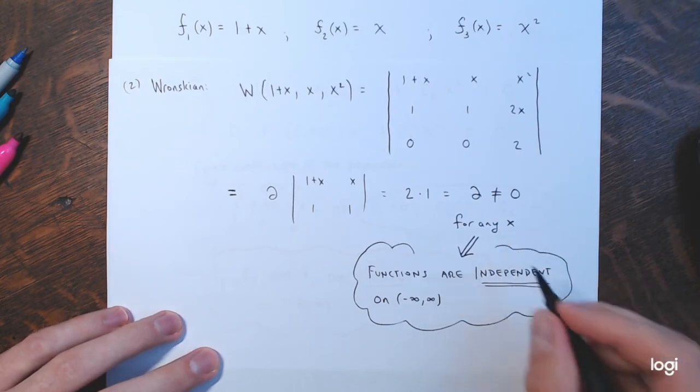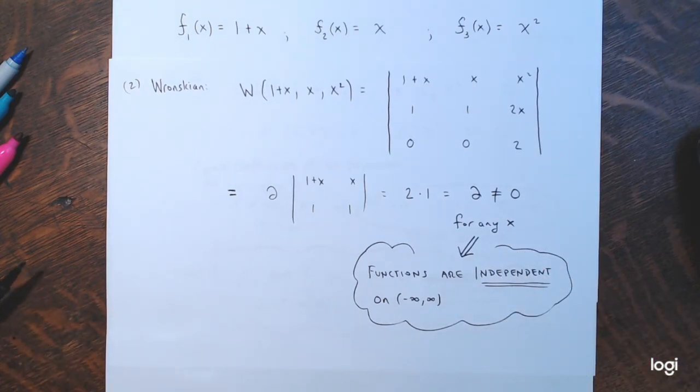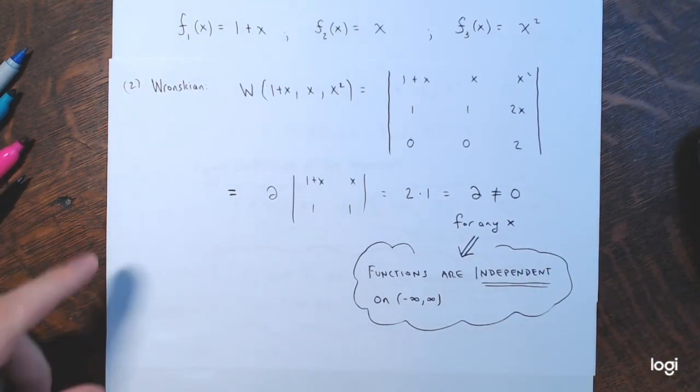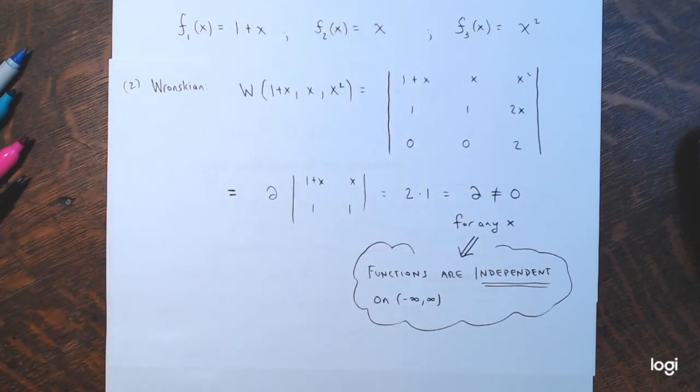All right, so again, multiple ways to go about it. I would recommend just jumping to the Wronskian. It's pretty quick and easy, especially if there's only a few functions like these examples here. But again, if you see something, like a trig identity, like I saw the sine squared plus cosine squared equals 1 thing from the second example, if you see something that clearly shows the functions are dependent, just write that.